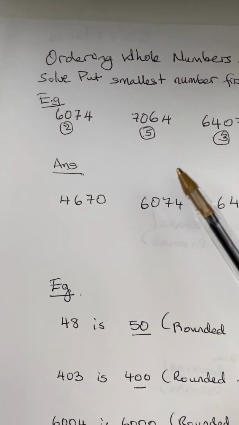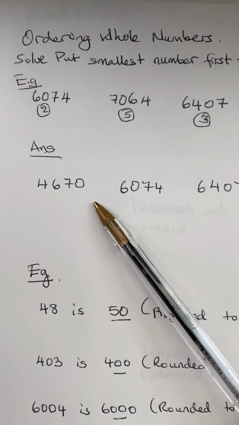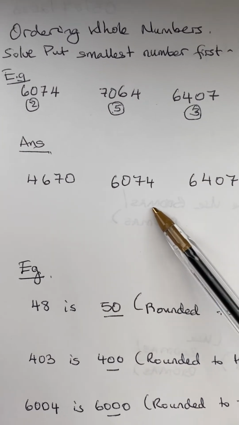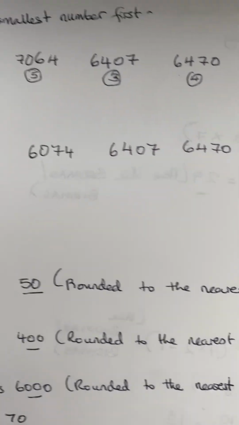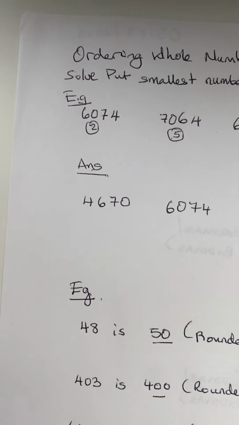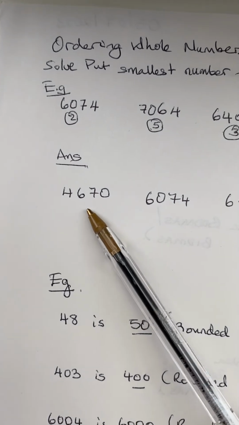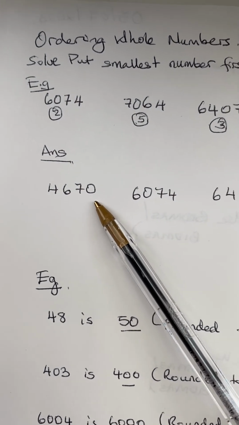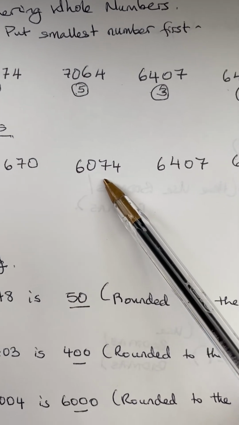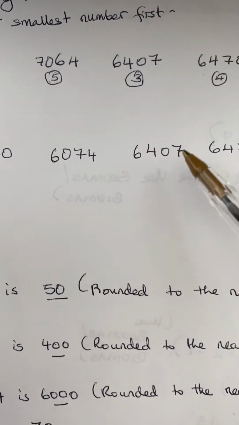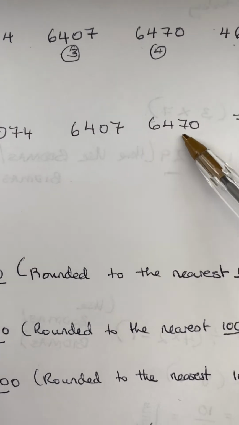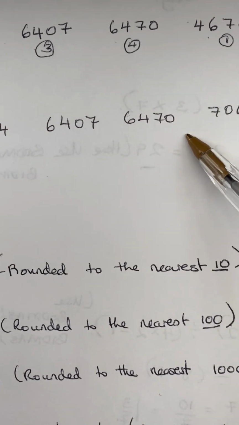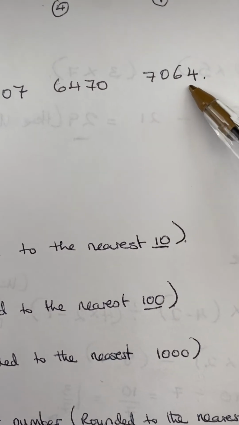So we've done our ordering from the smallest to the largest using place value. So we have 4670, 6074, 6407, 6470, and 7064.